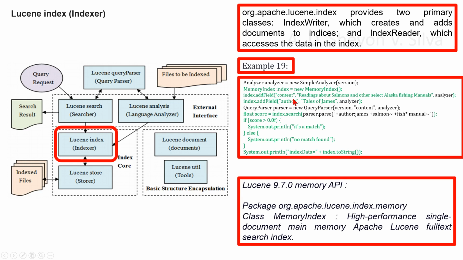Full text is tokenized, split and transformed into zero or more index terms, also known as words, on add field, according to the policy implemented by the analyzer.